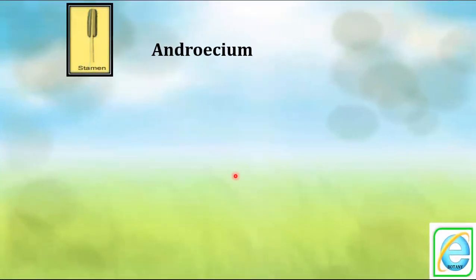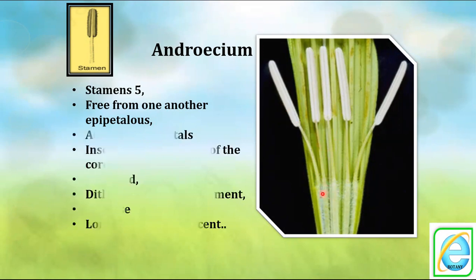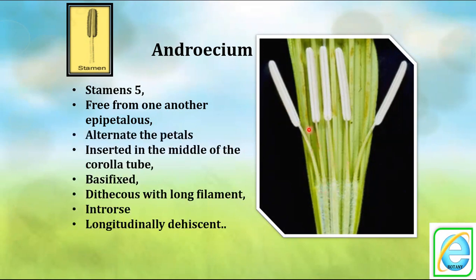Now the androecium. Androecium is nothing but the male reproductive unit, which we call the stamen. Stamens are 5, free from each other, and they are epipetalous. That means they are joined to the petals. Epipetalous condition, alternate with the petals, and these stamens are inserted into the middle of the corolla tube.